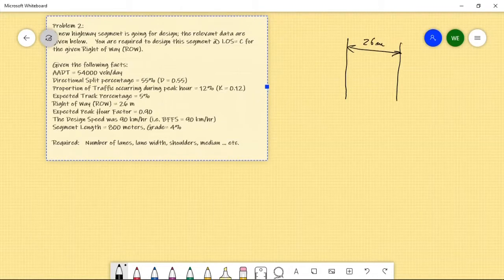Let's start first with preparing for the design. Let's estimate the directional design hourly volume.